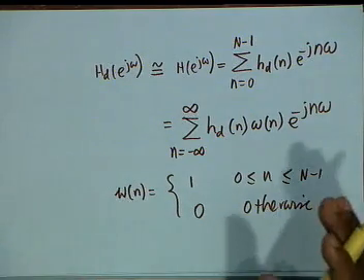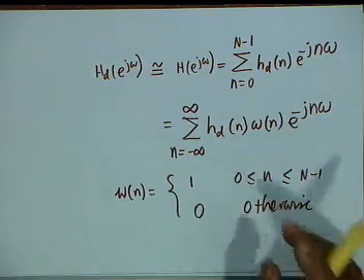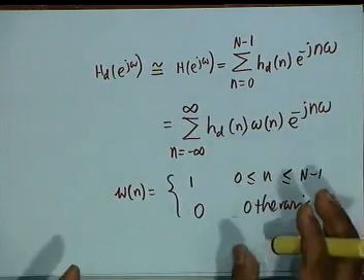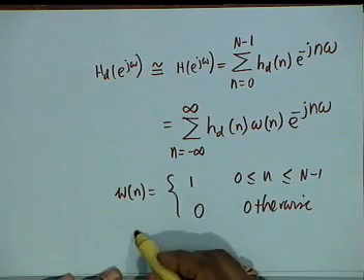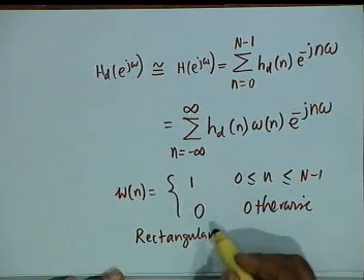So, it looks like a window of length capital N through which the impulse response passes, and this window is rectangular in shape, right? Its amplitude is 1 for all values of n between 0 and capital N minus 1 and 0 otherwise.